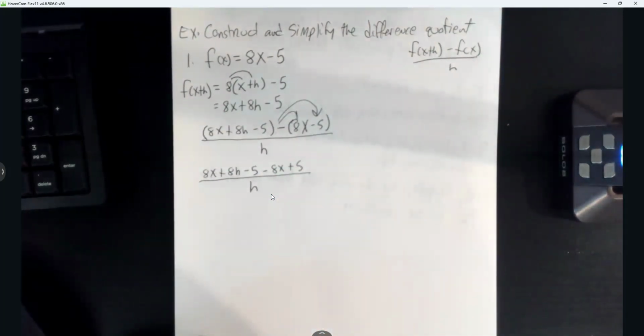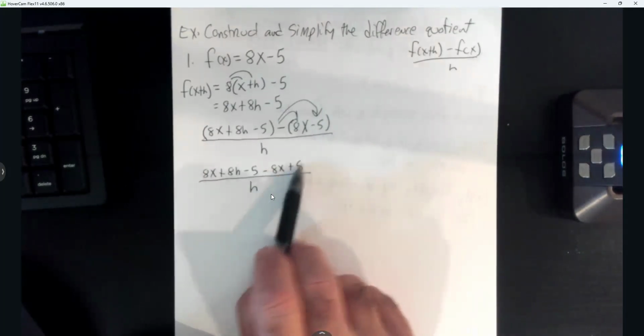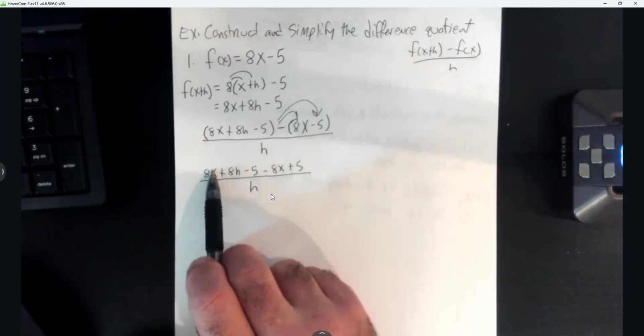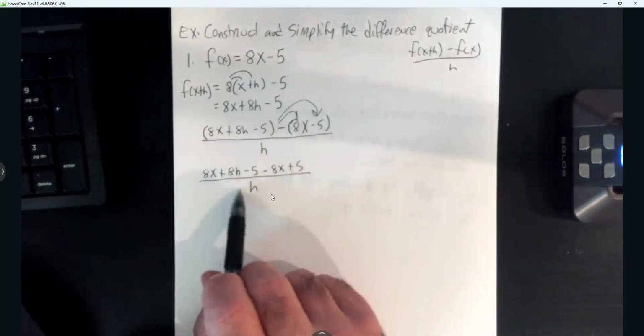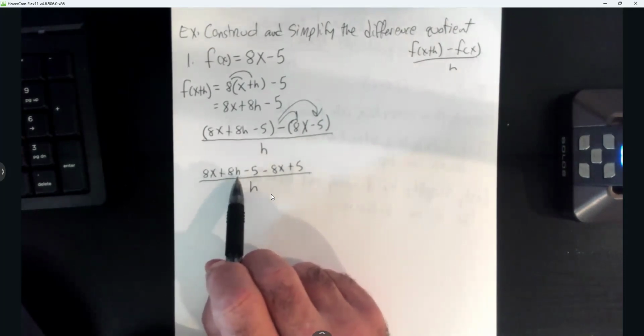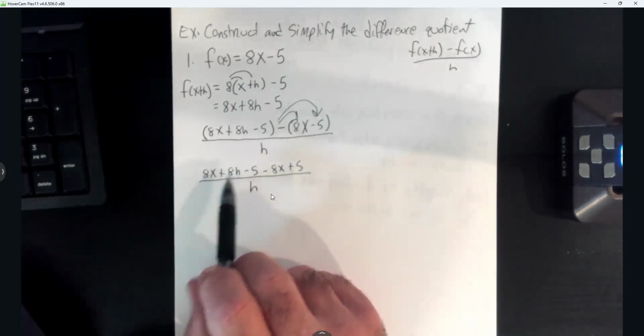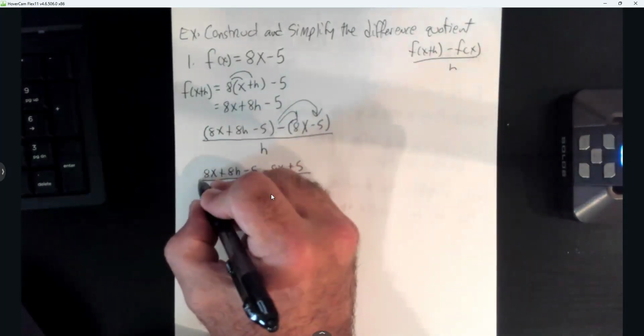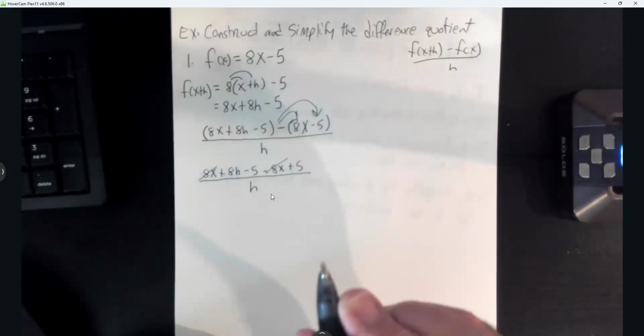Now, what you should notice is that everything that was in the second parentheses is going to cancel now with what was in the first parentheses. The only things that'll be left are going to have h's in them, okay? So you see this 8x and that negative 8x? They cancel.